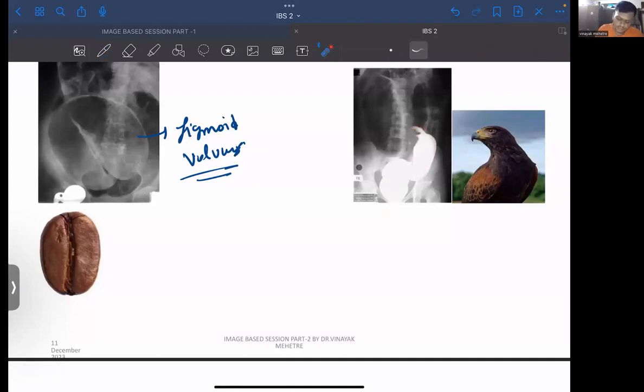It is called as bird of prey or bird beak sign on barium enema, seen in same sigmoid volvulus. ठीक है, sigmoid volvulus.